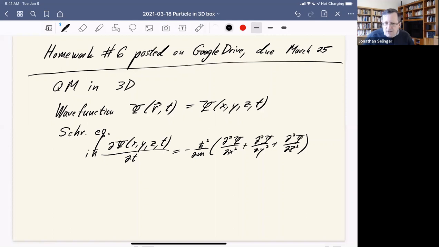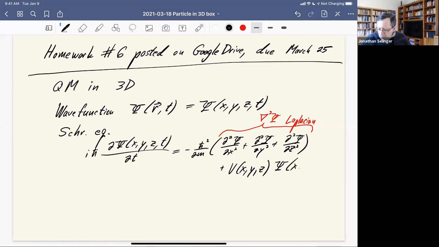This whole combination is the Laplacian of psi. Then for the potential energy term, plus the potential energy as a function of x, y, and z times psi of x, y, z, and time.